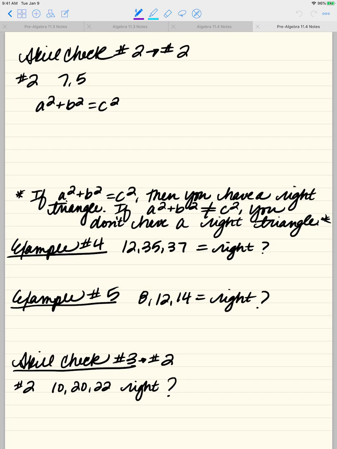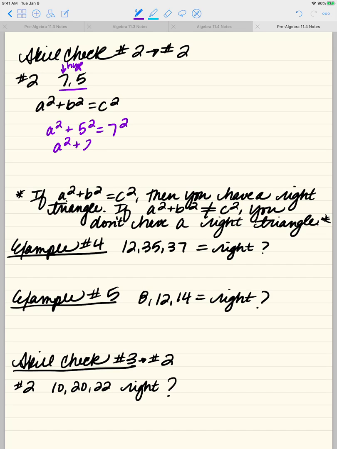Skill check number two. Given the hypotenuse and one leg, find the missing leg. So look at number two. It just says 7 and 5. It doesn't say which one is the leg, which one is the hypotenuse. How do you know? By definition, the hypotenuse is always the longest side of the triangle. So we know 7 has to be the hypotenuse because it's longer, okay? So that means a squared plus 5 squared is equal to 7 squared.